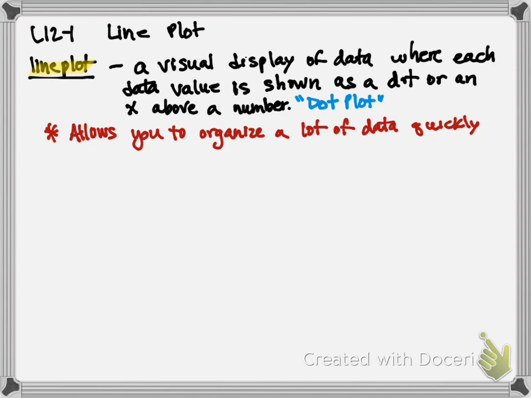I'm going to talk to you a little bit about how to make a line plot, and then we're going to make one, and then we'll also try to do a little bit of analysis. A couple of things that we want to look for. Number one is the minimum and maximum values.